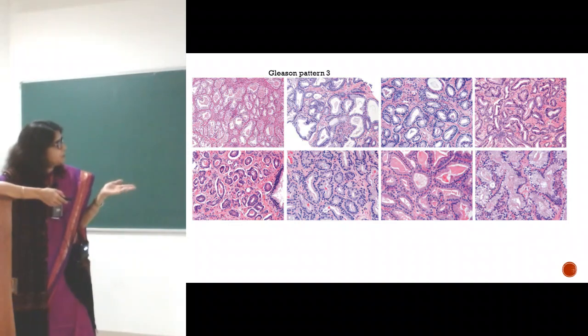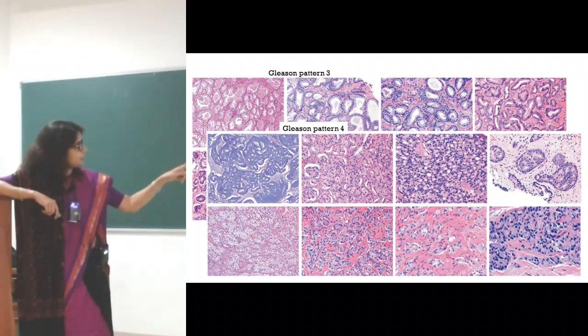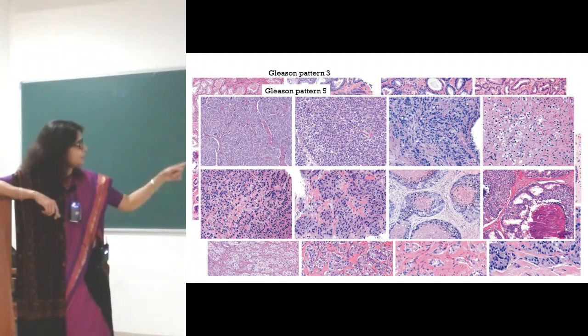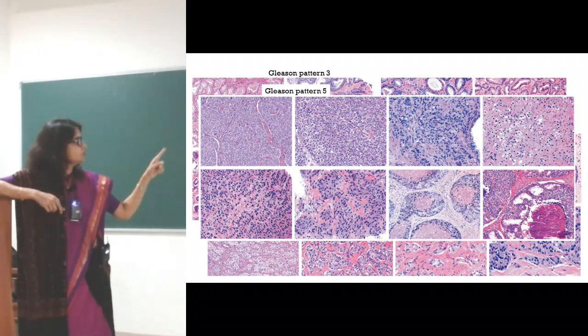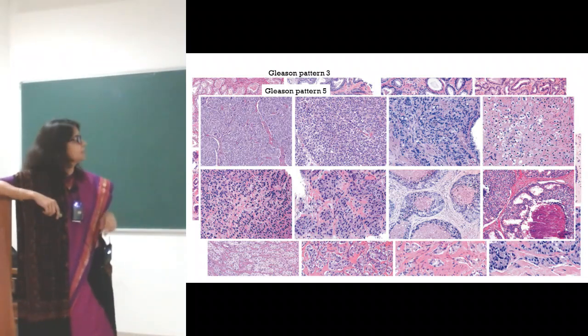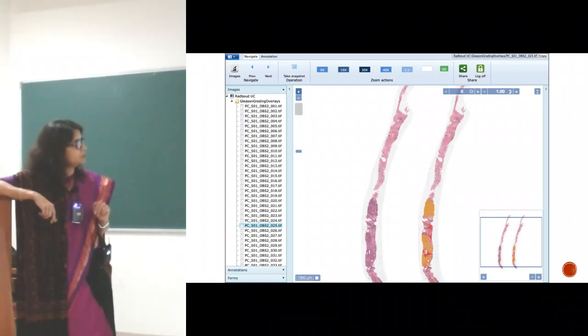Now looking at the images, I'm sure this will look very similar. This is pattern 3, this is pattern 4, and this is pattern 5. It's very difficult even for a pathologist to conclusively differentiate between pattern 3, 4 and 5. It takes years to train to do that accurately. So they have developed an algorithm which will do that for you.